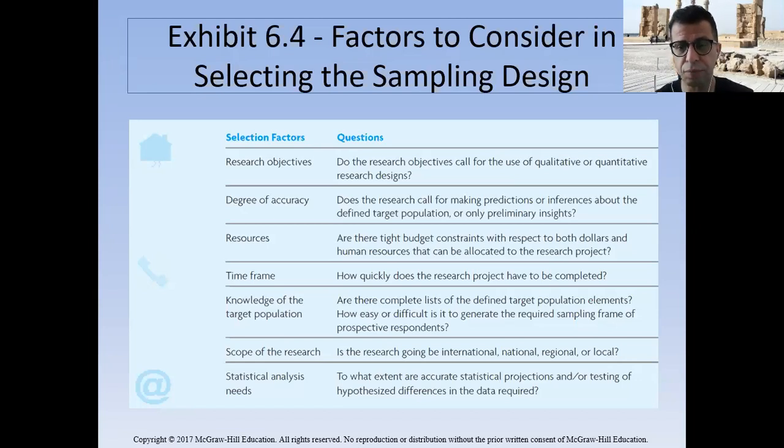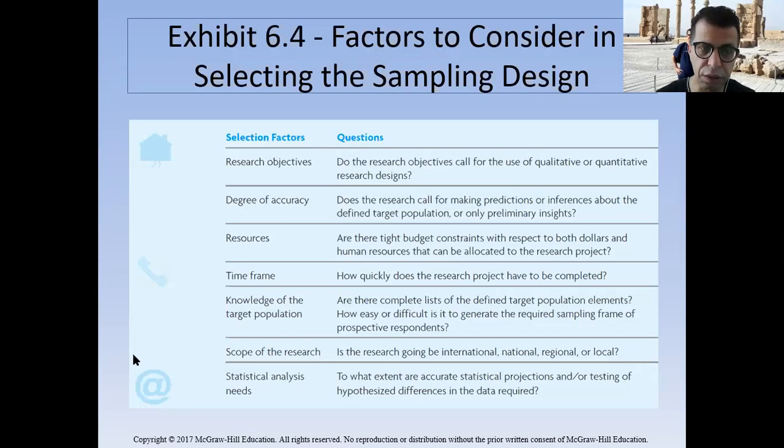But there is a non-sampling error when we are biased and start selecting according to our understanding or our previous history of work, or we are trying to drive certain information, so we become very biased toward the sampling, and we will select the people that we expect to answer us in a certain way.